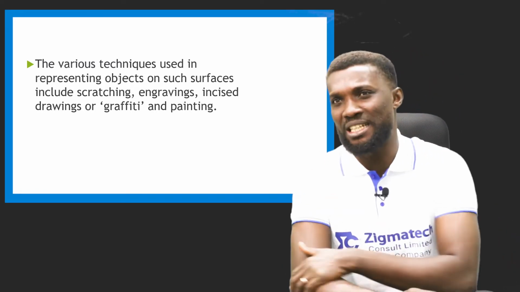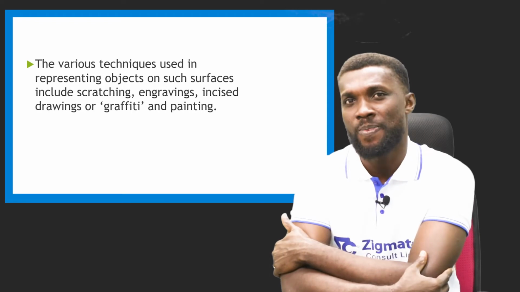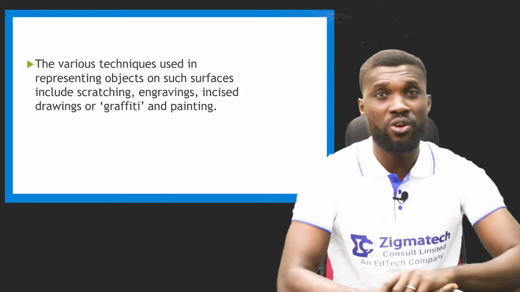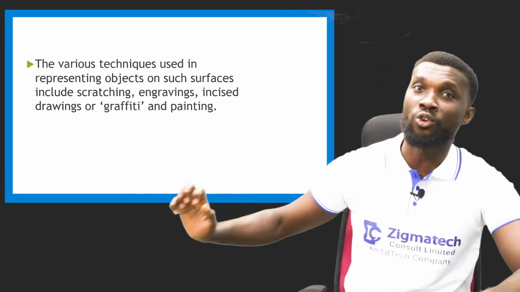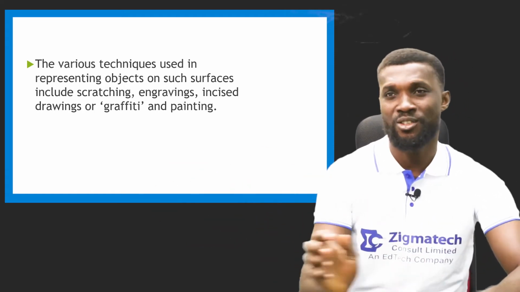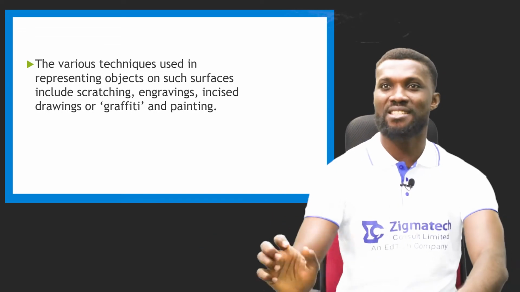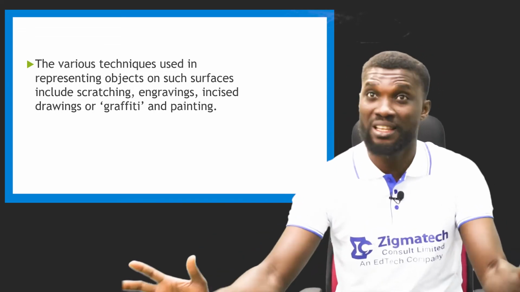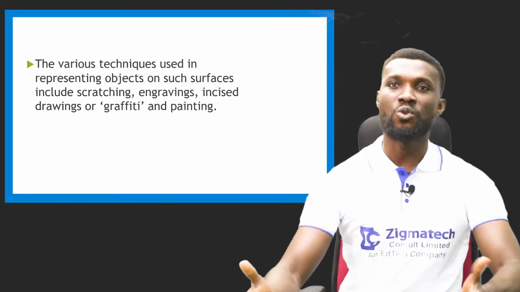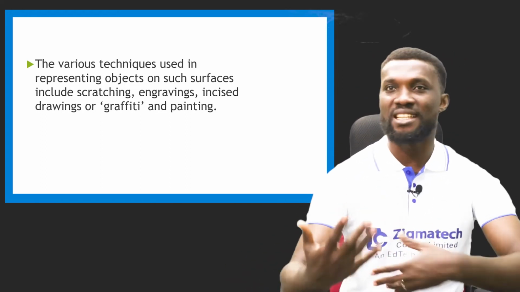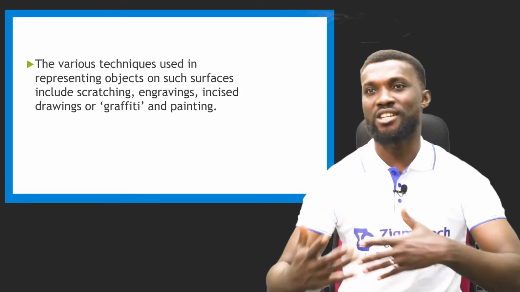I want to believe you know the word graffiti. You've come across the word before, graffiti. Okay, for those of you that might not know what that means, it's kind of drawing on the wall with a spray paint. You've seen some of these white guys or even black guys that draw on large walls with spray paint. Now that's called what? Graffiti.